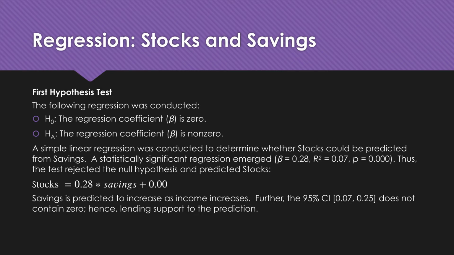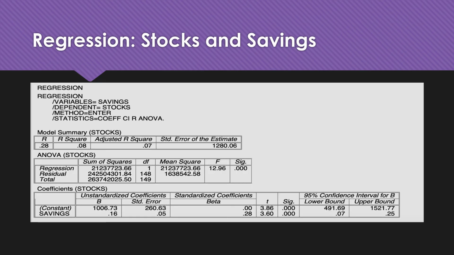So there is a significant regression. The beta value is 0.28, and the r squared value is 0.07. Thus the null hypothesis can be rejected and savings can be predicted. The confidence interval here is 0.07 to 0.25, and again it does not contain 0. Here are the details from PSPP.